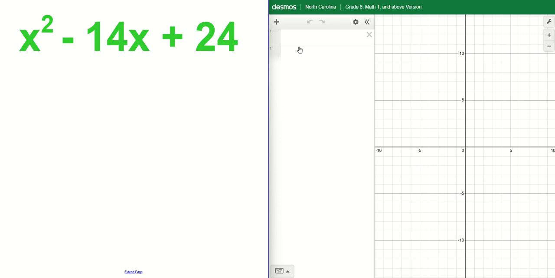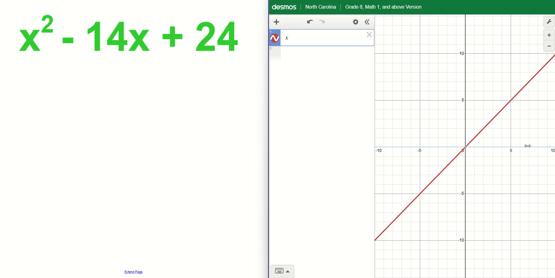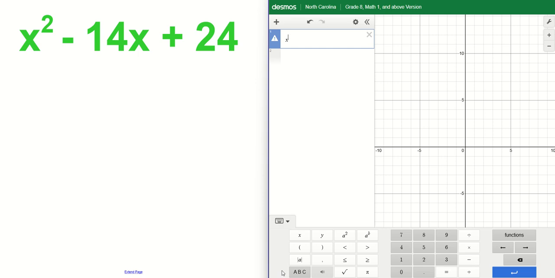When you type in an exponent on Desmos, you can do it two different ways. I can put X, and then I can do Shift and the 6 key, and that will go up to an exponent. Or you can click this little keyboard, and if the exponent's a 2, you put a to the second power. If the exponent's some other number, you can put a to the b power, and then you just got to type in the exponent.